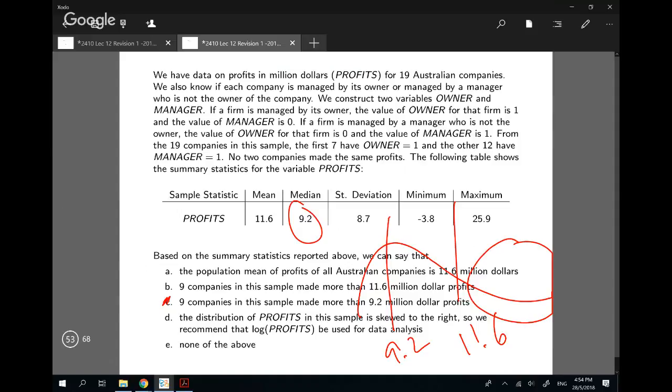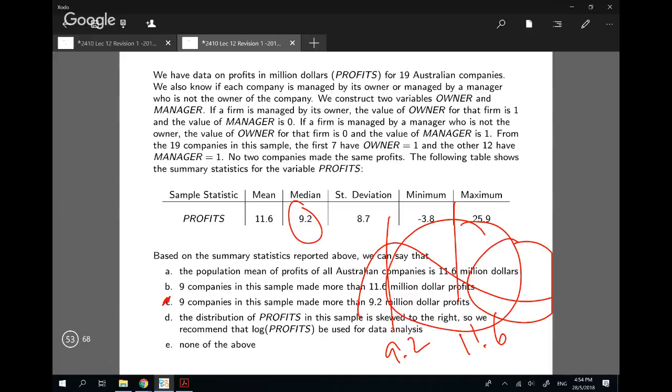Now 9 companies in the sample made more than 9.2 million. Do you think C is correct?